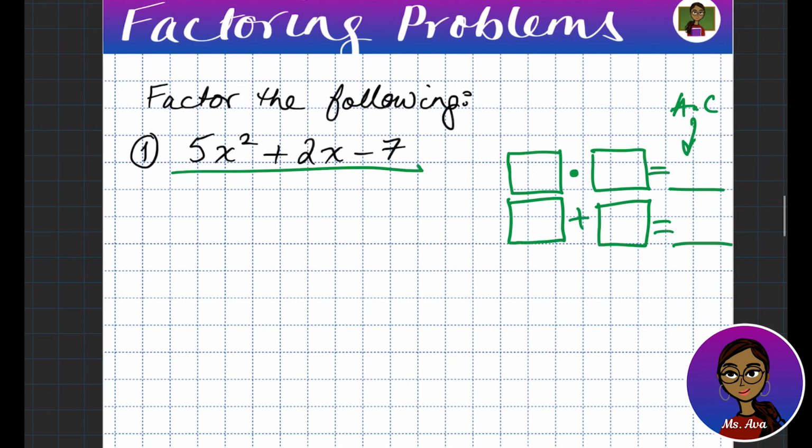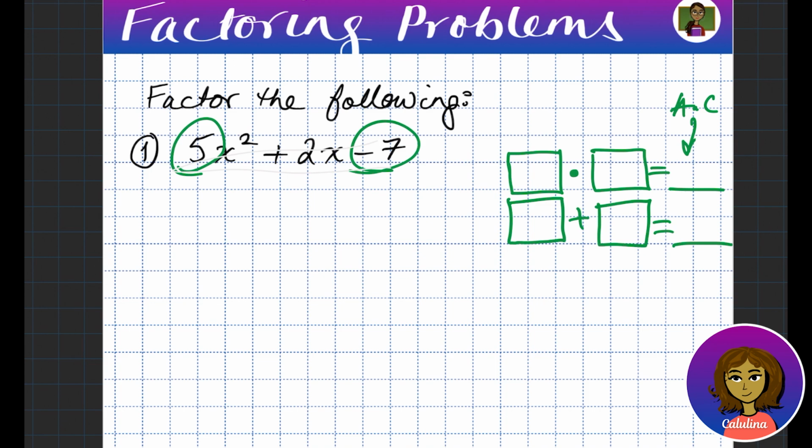So over here, what's the a and what's the c? So that's the 5 and the -7. Exactly. So the 5 and the -7, we multiply them, and what do we get? That's going to be -35. Okay, good. So we write -35 over here.